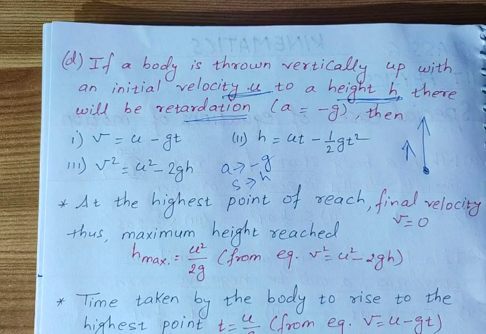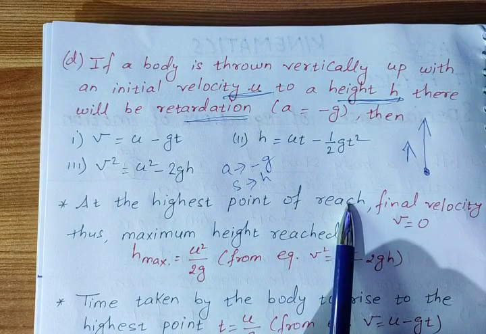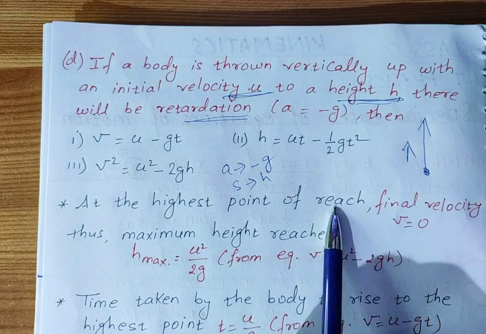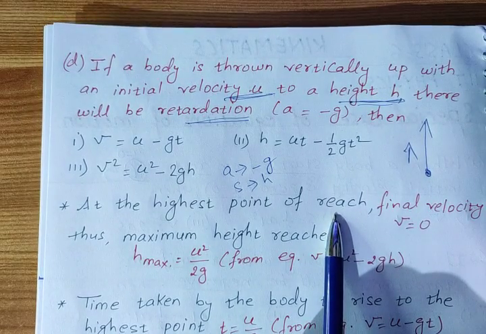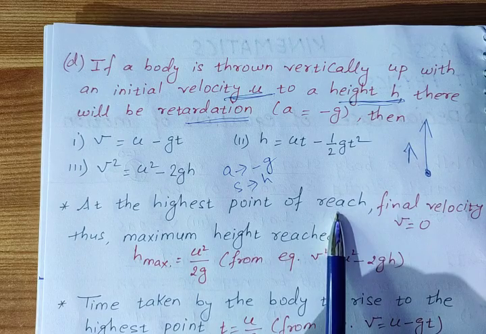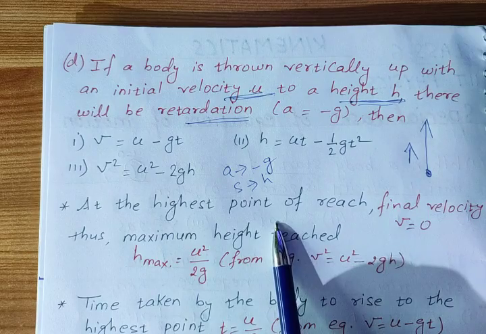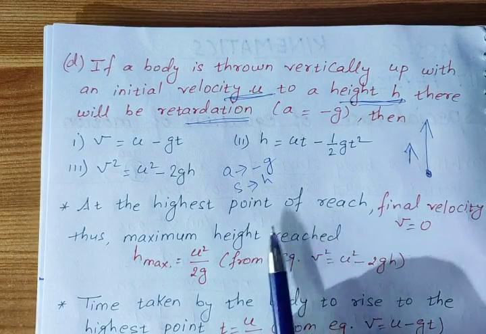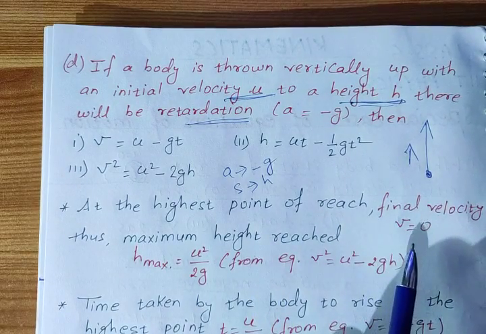Now next is what? At the highest point of reach. We are throwing the body up. For example, when you throw any ball upward, what happens? It will go to a highest point, a maximum point. After that, it will start coming down again. So when the body is thrown up, its velocity keeps decreasing, and at the maximum height it reaches, the velocity becomes 0.